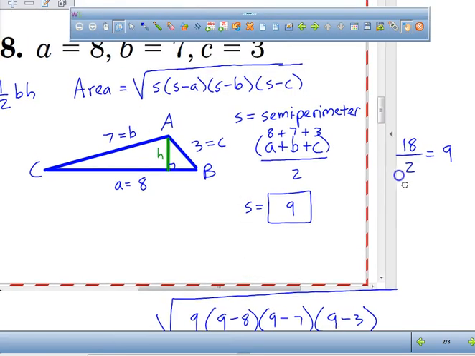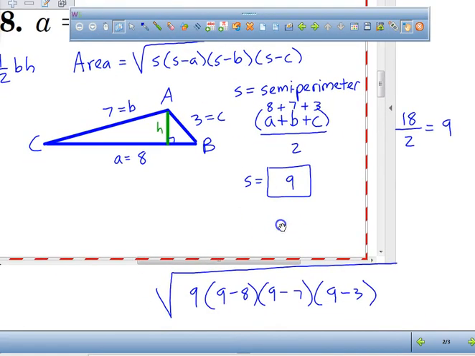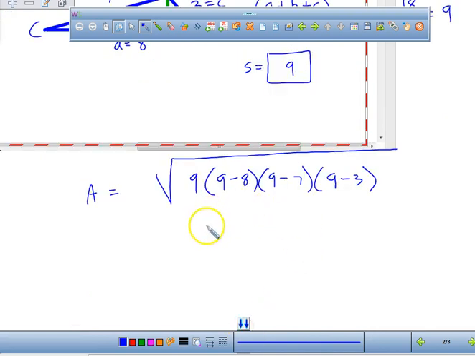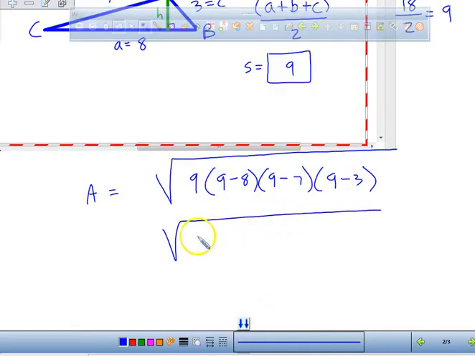So all we're doing right now is using this formula and plugging in these numbers, and that's going to give us the area of our triangle. 9 minus 8 is 1. 9 minus 7 is 2. 9 minus 3 is 6.